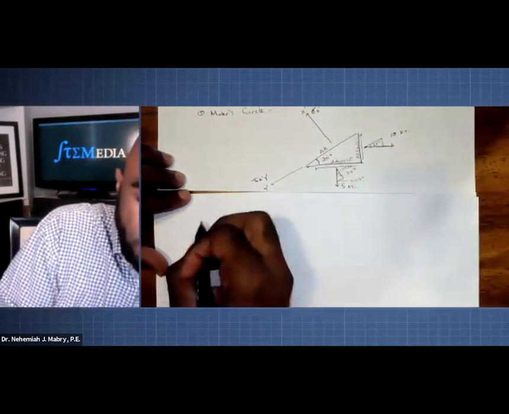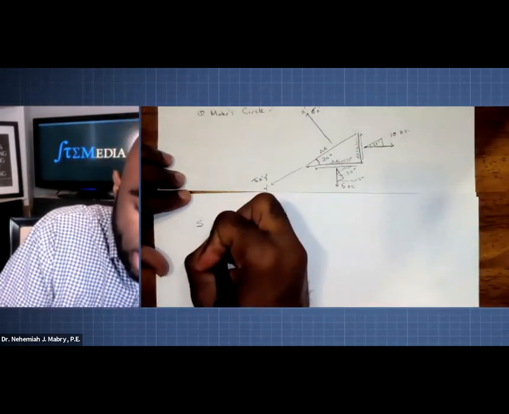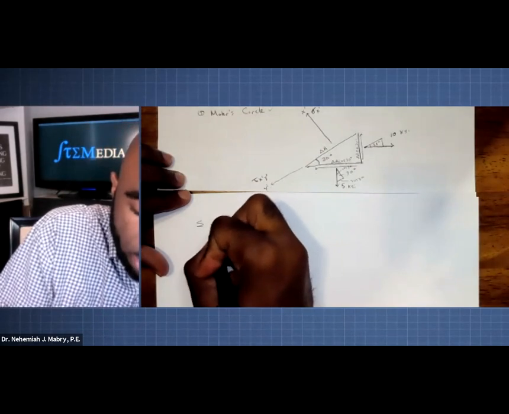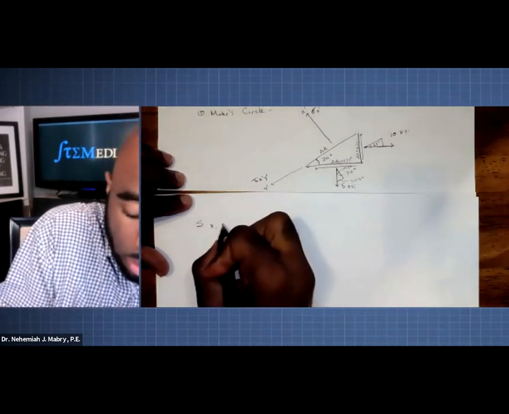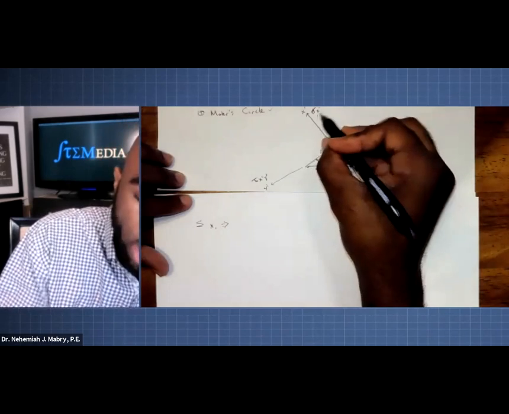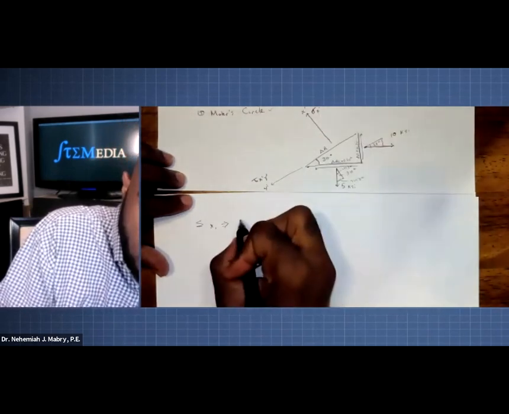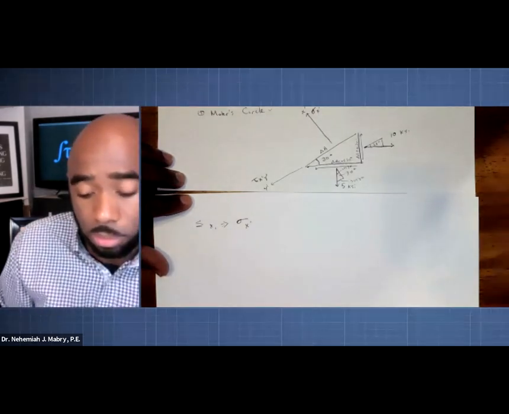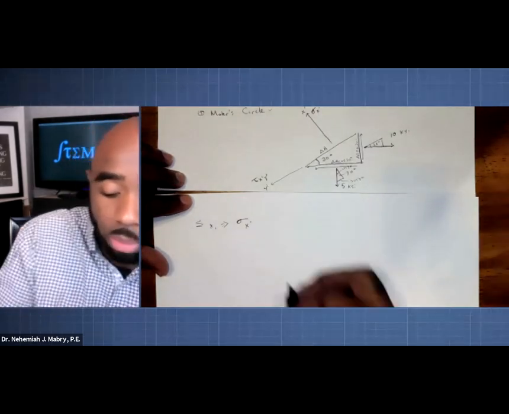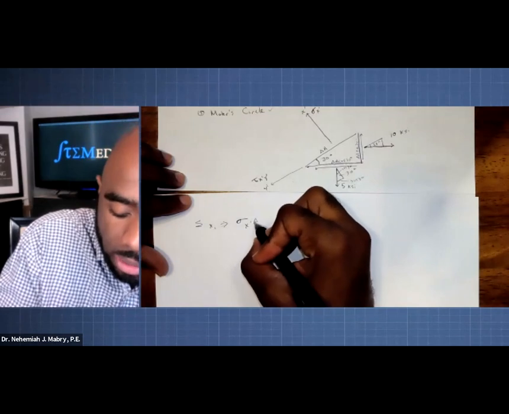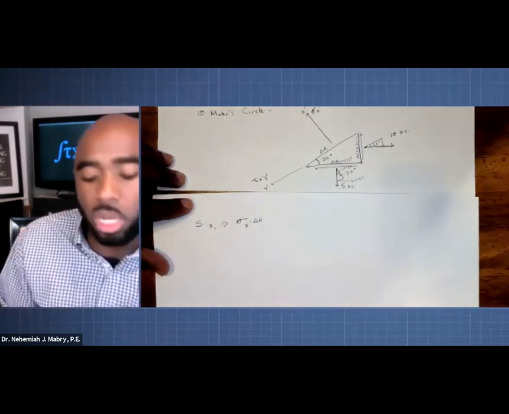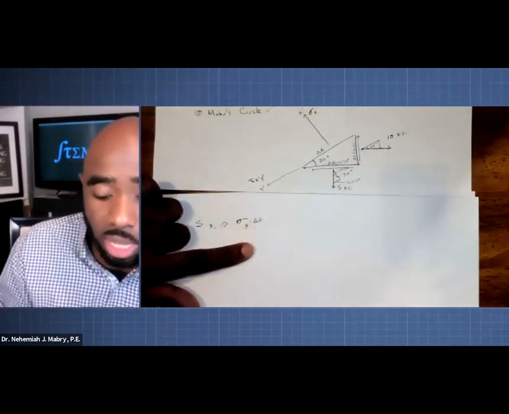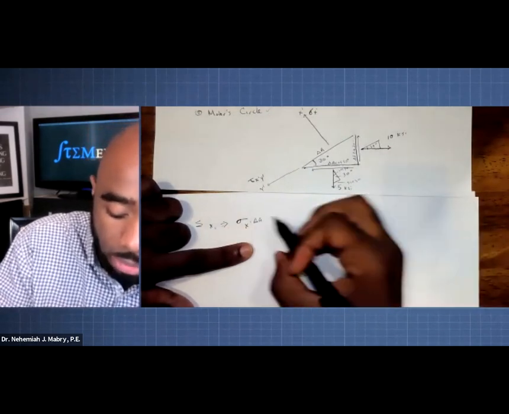So if I'm summing the forces, or the stresses, in the X prime direction, first thing I'm going to write is the one we're trying to solve for, so a positive sigma X prime times delta A. But if you recall, all the delta A's are going to cancel out, so we won't even write delta A's on any of them.